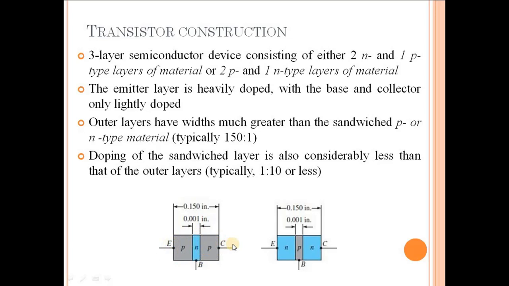Similarly, this is the construction diagram of an NPN BJT. So we have an n-type semiconductor layer here, and an n-type semiconductor layer here. Out of these two n-type semiconductor layers, this one gives an emitter terminal, and this one gives a collector terminal, and this sandwiched p layer gives the base terminal.